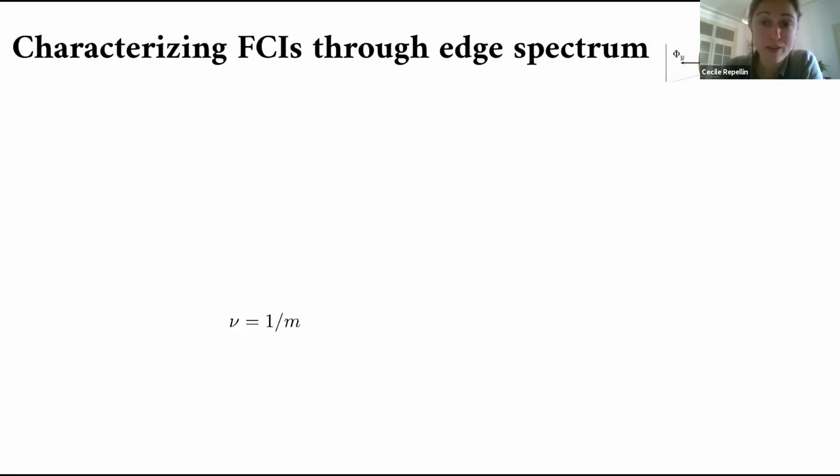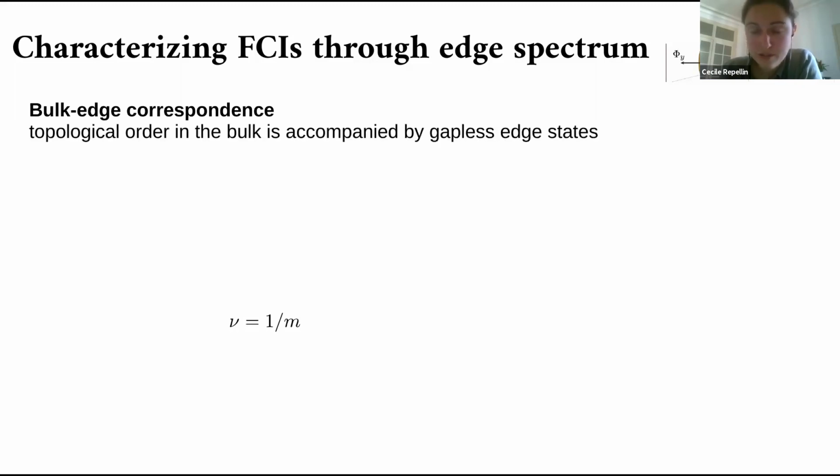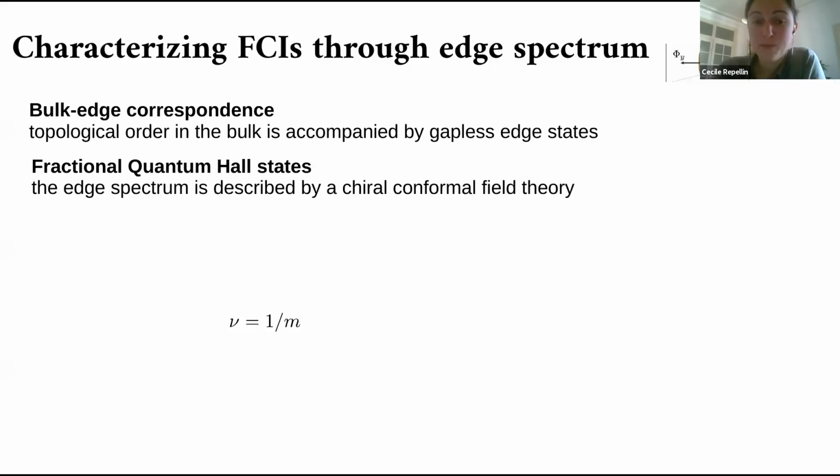A second way, which is maybe even more powerful, is through the edge spectrum. For this, we're going to use the bulk-edge correspondence, which tells us that topological order in the bulk is accompanied by very specific gapless edge states, and in particular, for fractional quantum Hall states, the edge spectrum is described by a chiral conformal field theory.